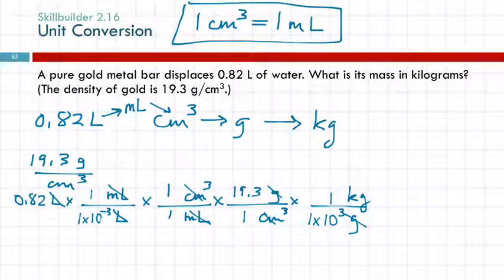Times 1 divided by 1 times 19.3 divided by 1 EE 3. So this is giving me 15.826 kilograms.